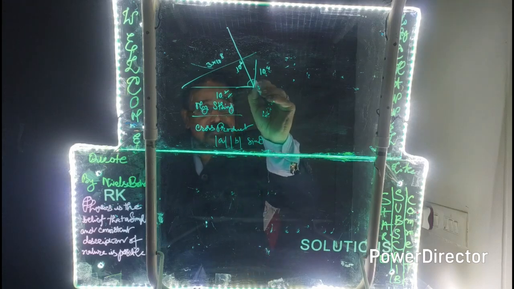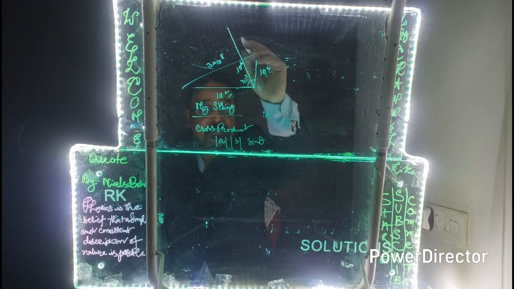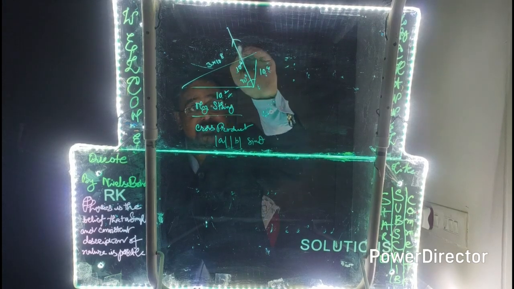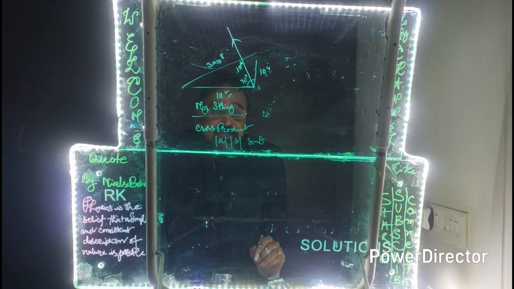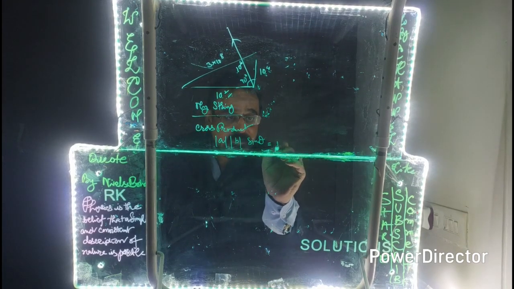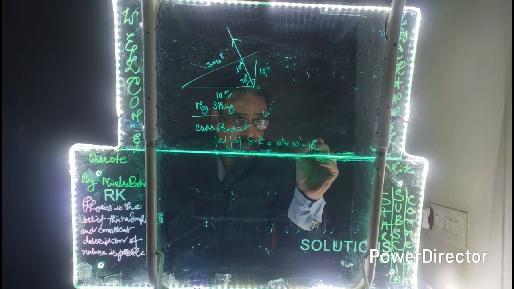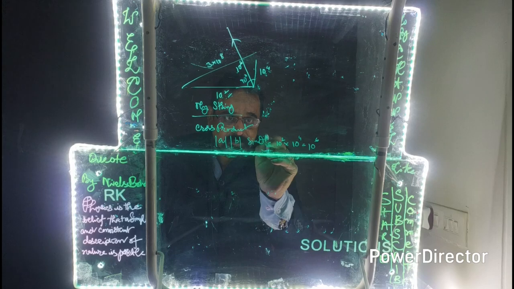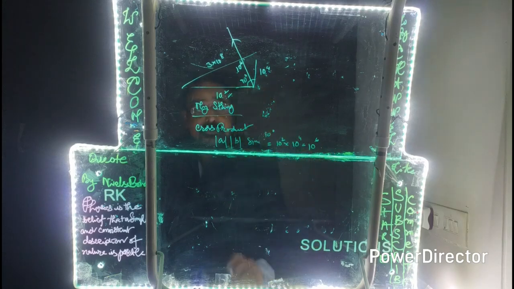As long as this angle is 90, you can get this vector, the direction will be this way, and the magnitude will be given by the parallelogram. So here we took 10 squared into 10 raised to 4, giving 10 raised to 6, theta being 90 degrees. So 10 raised to 6 we got.